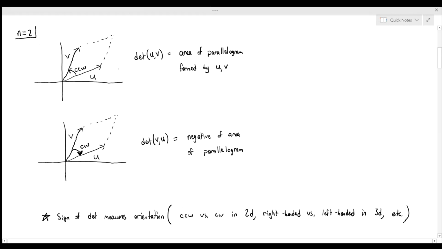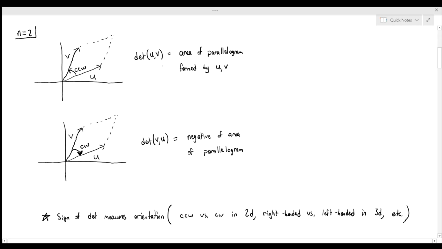I also want to talk about the sign, because in the definition, I said that it was the signed volume. Here I've drawn the same picture with the same parallelogram. But here, for the determinant, we do the determinant of v followed by u instead of u followed by v. What this is going to give us is the negative of the area of the parallelogram.